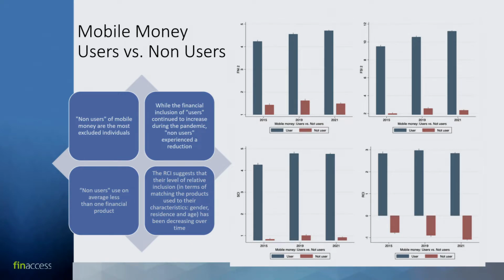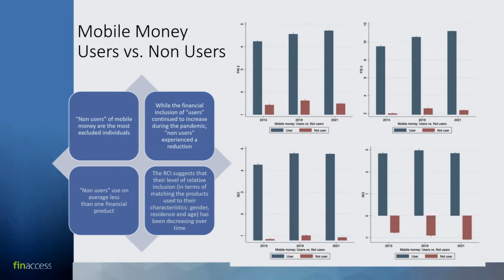They also were less affected by the pandemic, as you can see, while in the case of the non-users of mobile money, they were affected by the pandemic. So they saw their financial inclusion diminish during the pandemic.